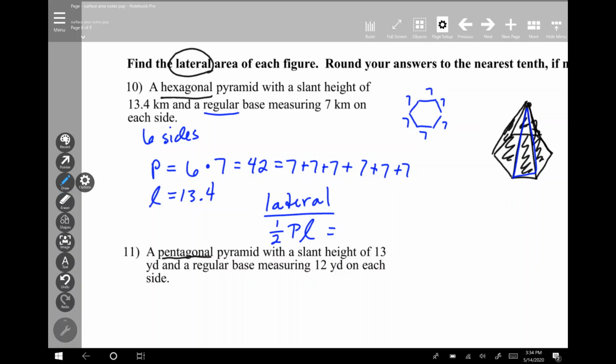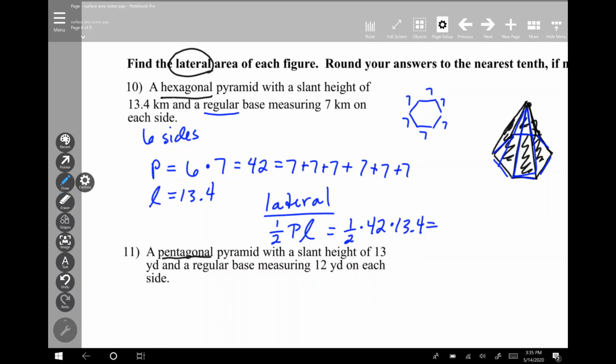And then the perimeter is all of these sides. Basically there are 6 triangles, and they each have a base of 7. And L, the slant height, is the height of your triangle. So that's why it's 1/2 P times L. So 1/2 times 42, that's the perimeter, times our slant height of 13.4.